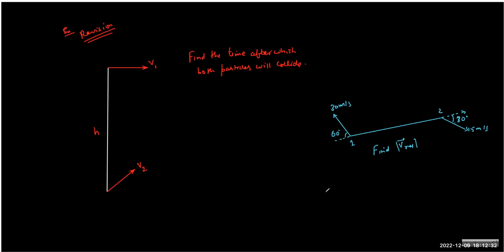Then, Harry, Siddhant. Yes, sir. So what is the time here? H by root of V2 square minus V1 square. Correct. What is the V relative here?